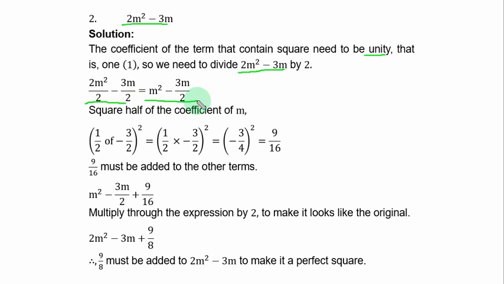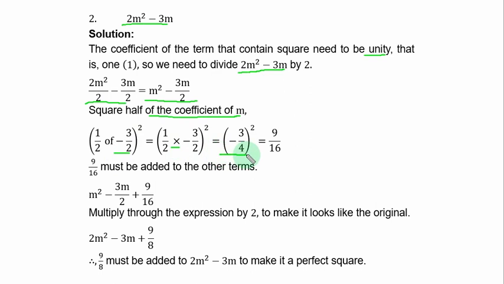Then step 2, you square half of the coefficient of the middle or second term, that is the coefficient of m. The coefficient of m from the current stage is minus 3 over 2. Half of it, that is 1 over 2 of, and of means times. So we have 1 over 2 times minus 3 over 2. Then you square everything. When you multiply, you have minus 3 over 4 in bracket all squared.